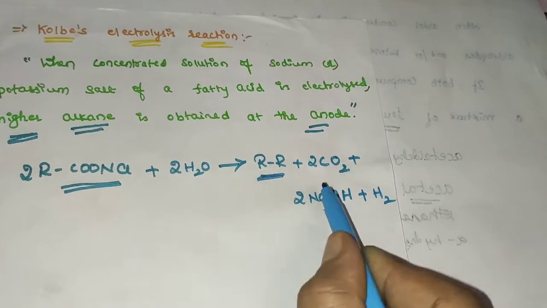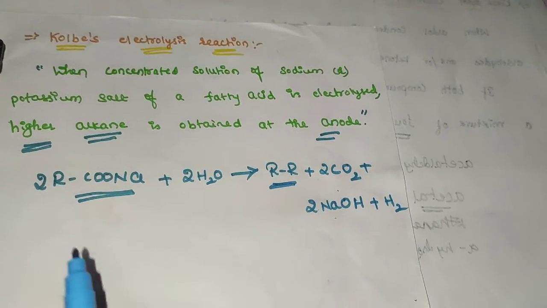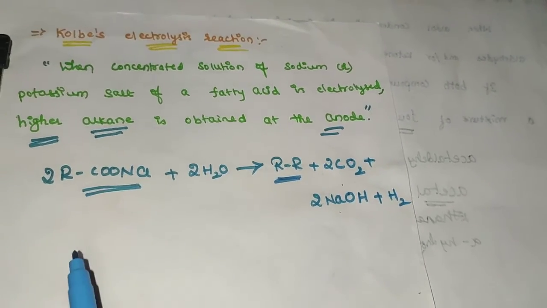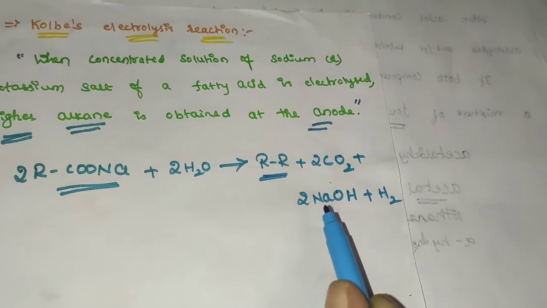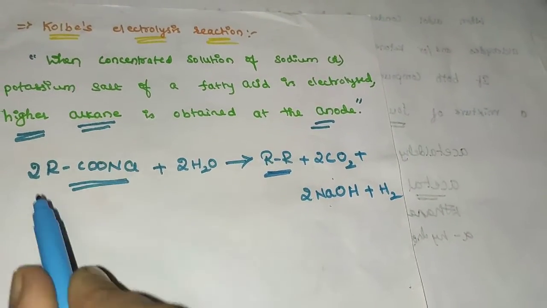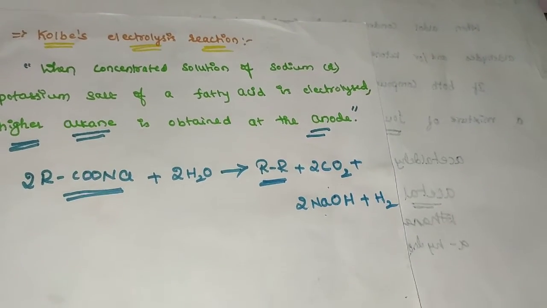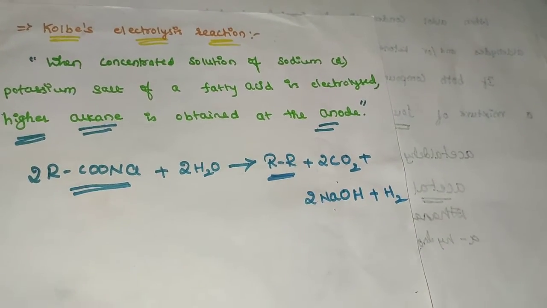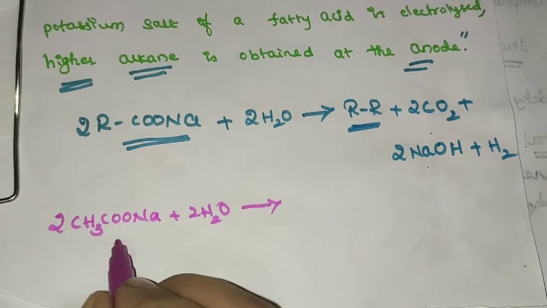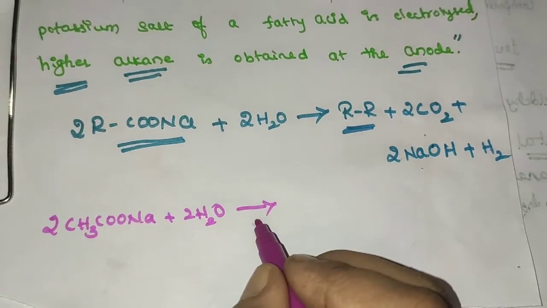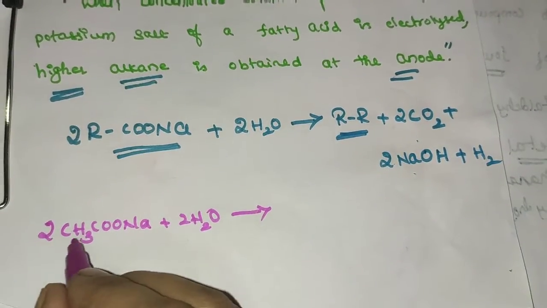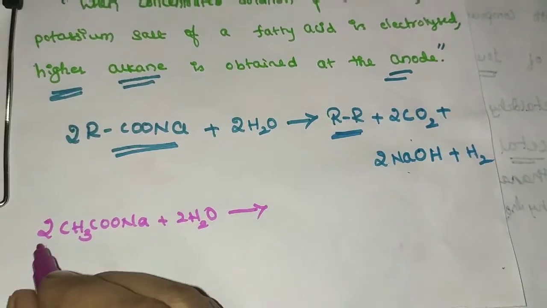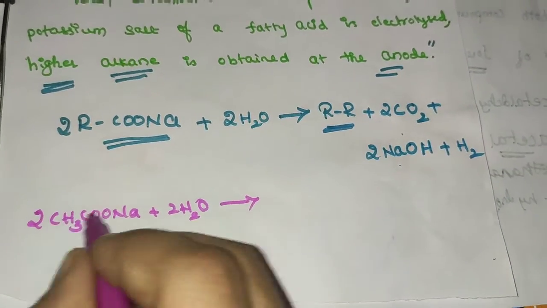Now let us learn by taking an example: a concentrated solution of sodium acetate is electrolyzed. What is the product, the higher alkane? It indicates that ethane is going to form. So this is sodium acetate electrolyzed. Then what is the product here? The R-R group is obtained, so here 2 CH3 is there. In place of R, there is a replacement by the CH3 group.